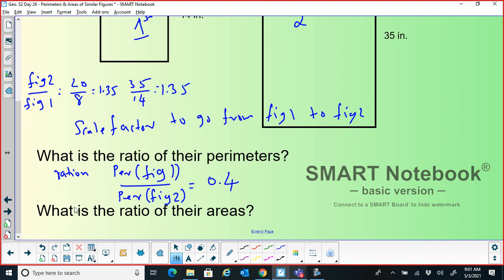If you do perimeter of figure 2 to figure 1, you'll get 1.35. Both are correct. They have not mentioned from which to which, so you can just keep as of now figure 1 is to figure 2.